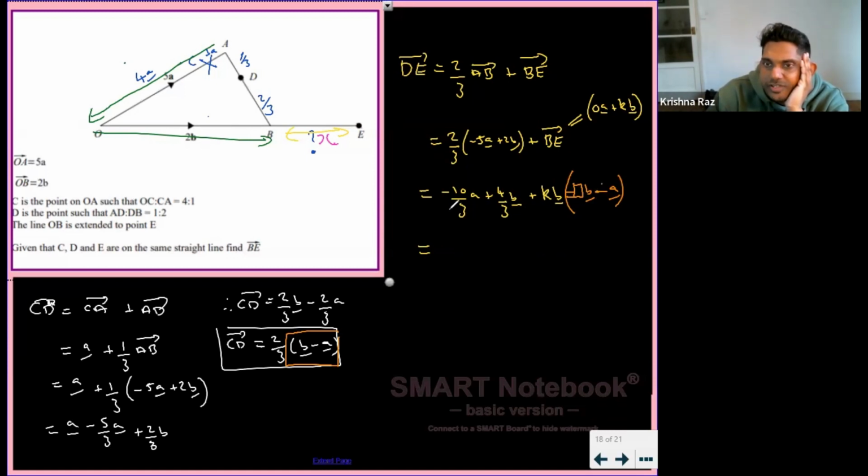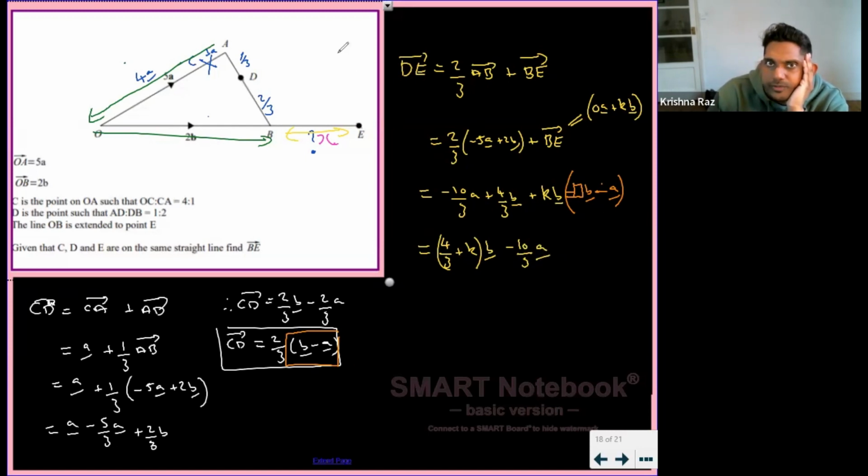Yeah, and we have the coefficient for A. If I rewrite this, maybe I'm butchering the explanation, but it's what it is. 4 over 3 plus K, B, minus 10 over 3, A.